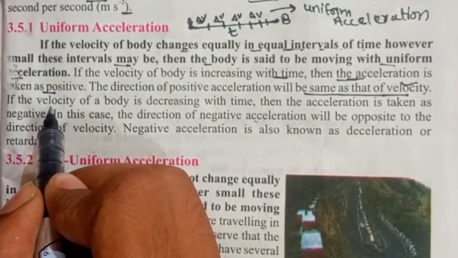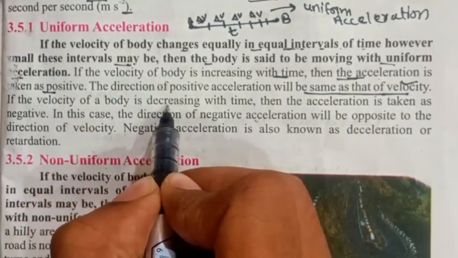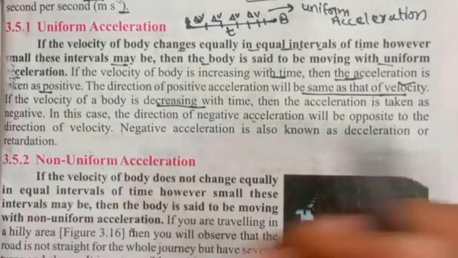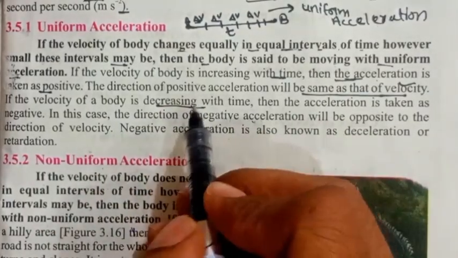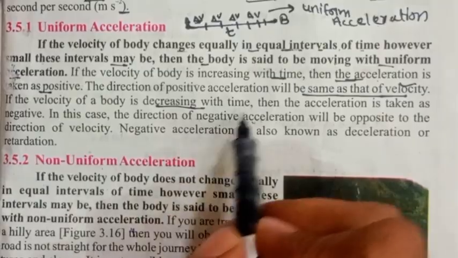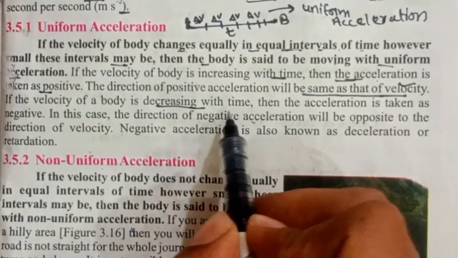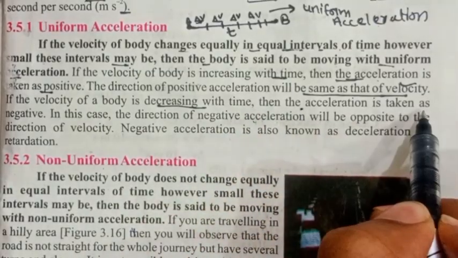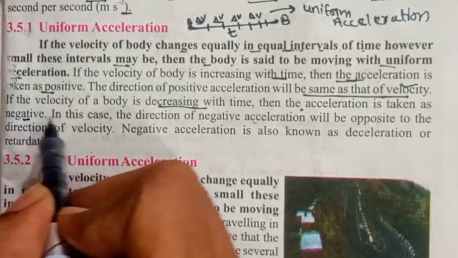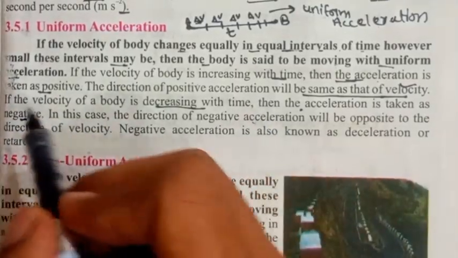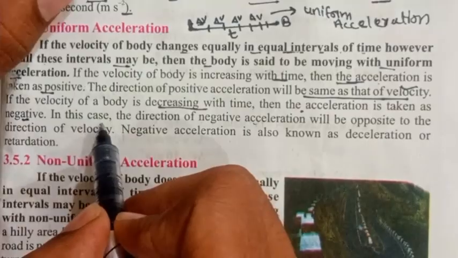Next, if the velocity of the body is decreasing with time, as I gave you the example of the train, then the acceleration is taken as negative.